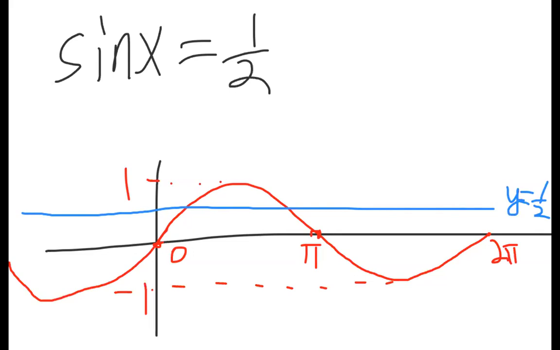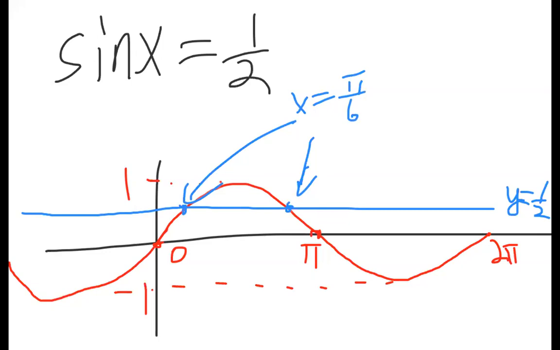So immediately you see there are two intersections. One of them here would be the one before pi over 2. So when sine x is equal to 1/2, x equals pi over 6. Right?